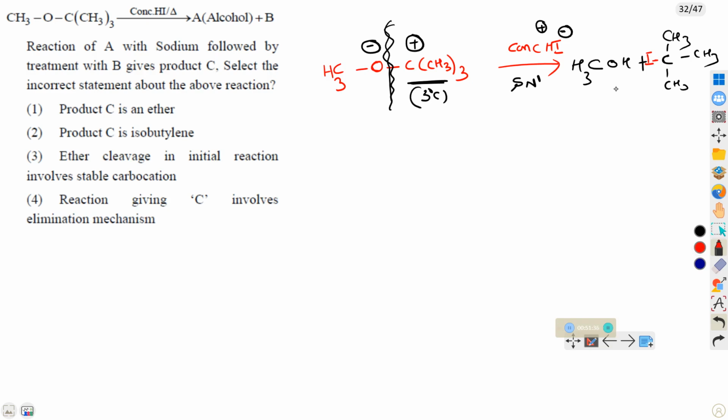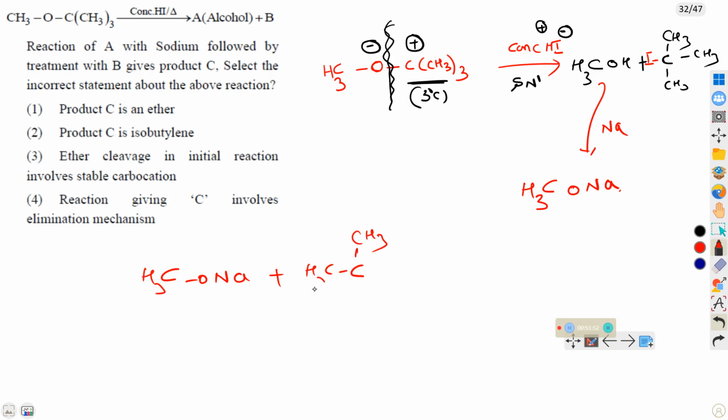Now A reacts with sodium, then it gives sodium alkoxide, CH3ONa. CH3ONa reacts with (CH3)3C-I, an alkyl halide. But here the alkyl halide is a 3-degree alkyl halide.